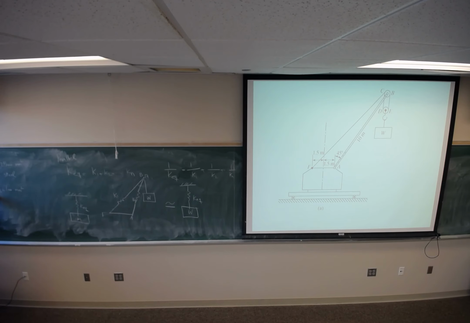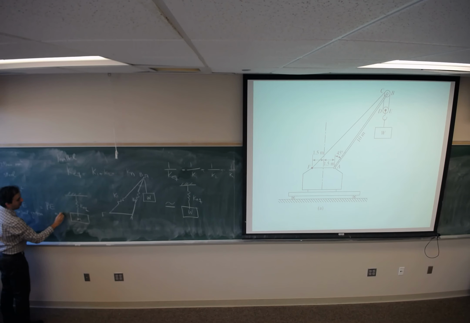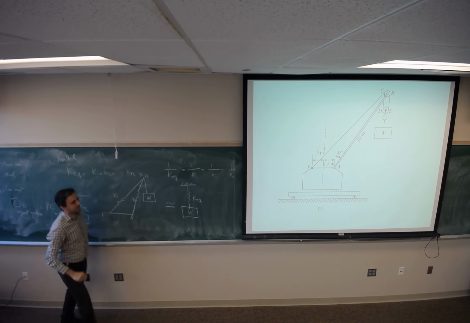The energy method for springs says the summation of potential energy in the original system must be equal to the potential energy in the equivalent system.